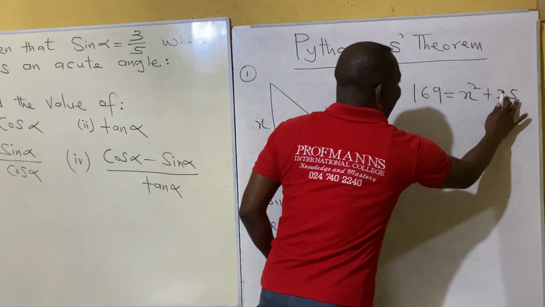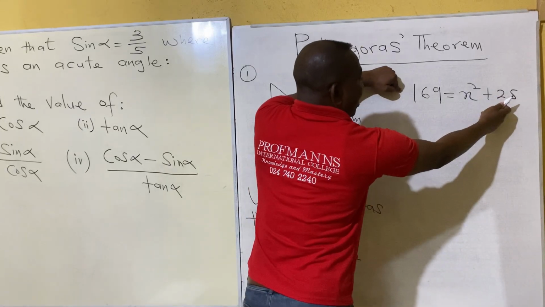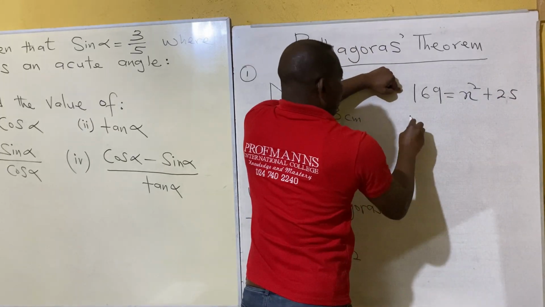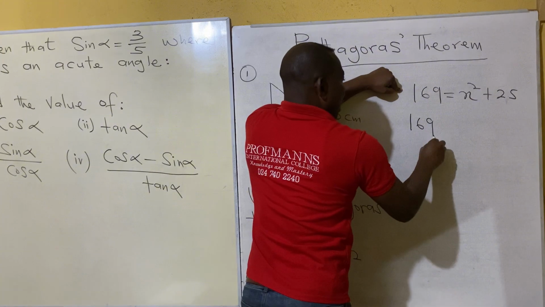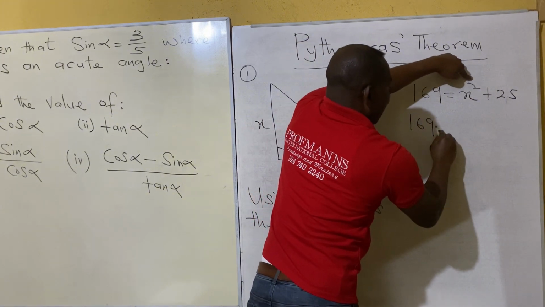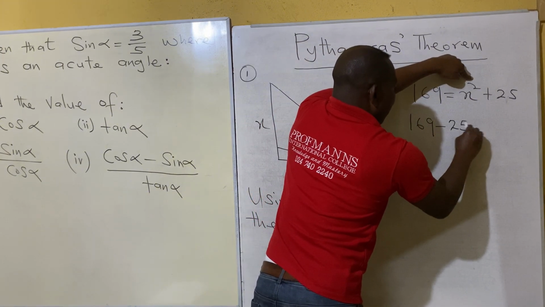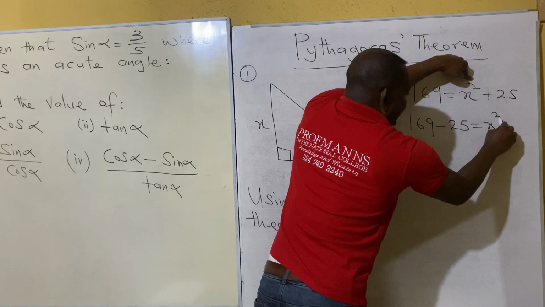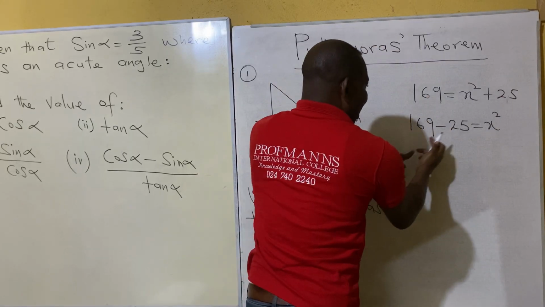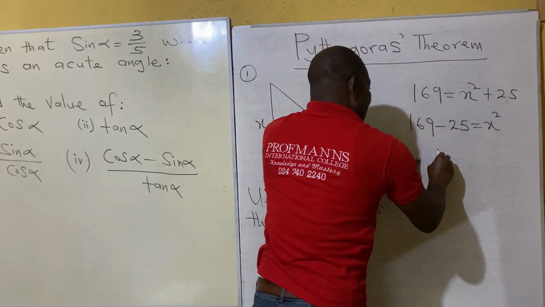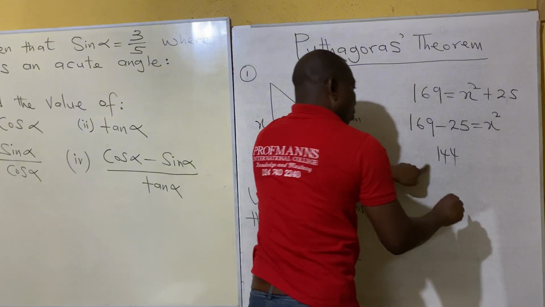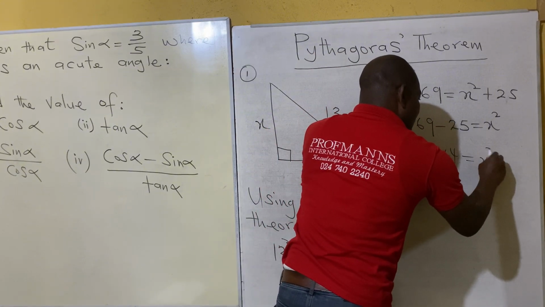Now let's group like terms. So we are bringing the 25 to this side. So we have 169. This crosses the equal to sign. Minus 25 is equal to the x squared. So when you subtract this from that, you get 144 is equal to x squared.